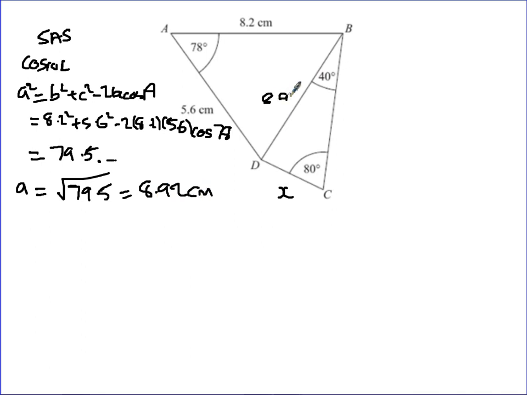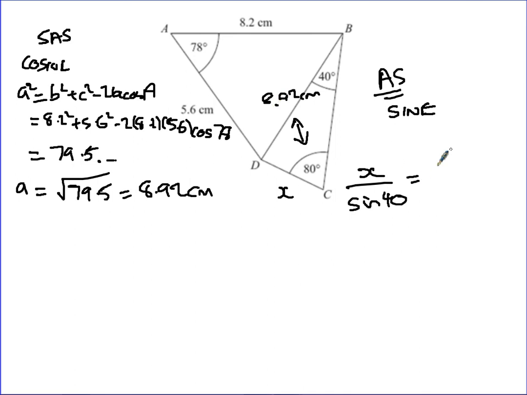So if we've got now 8.92 centimetres there, we now have an angle and its opposite side. So if we've got an angle and its opposite side, then we use the sine rule. I want to find here x, so we're going to put x over the sine of the opposite angle there, which is 40, and that's equal to 8.92 all divided by the sine of 80. Bring sine 40 up.